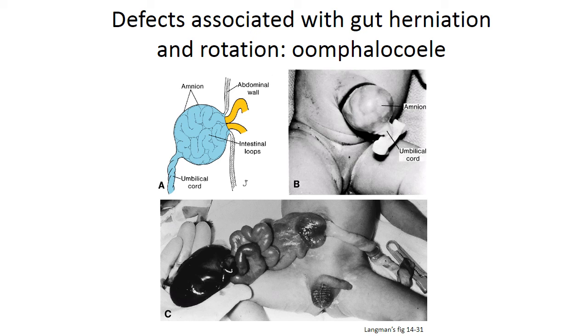Now this is the defect associated with the physiological herniation, and you have also seen it in the anomalies along with the body cavities. That is the herniated gut loops, which is the small intestine, showing the physiological herniation between 6 to 10 weeks. And if it fails to return back, so the failure of the retraction of the herniated gut loops back into the abdominal cavity, that is showing you this omphalocele.